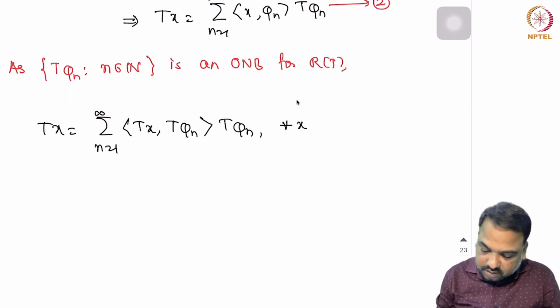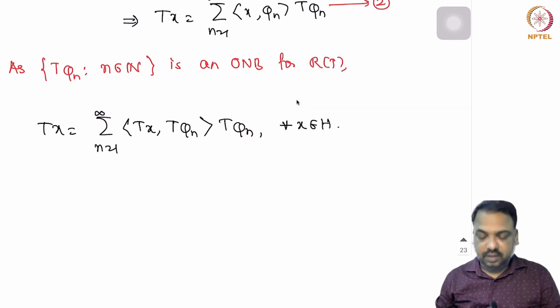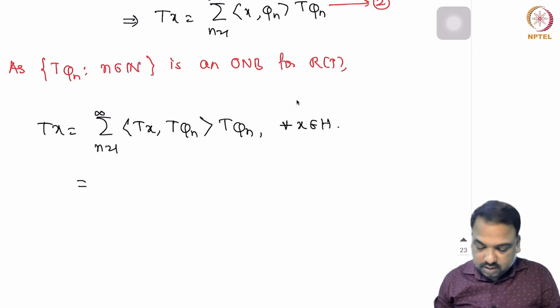This is for every x in H. This is because it is the Fourier series of Tx with respect to the orthonormal basis Tφn.